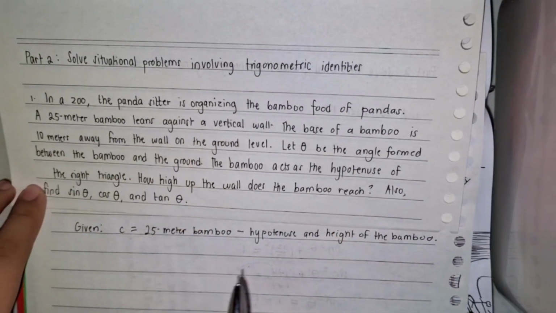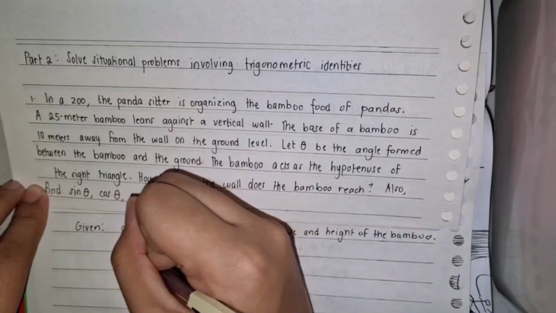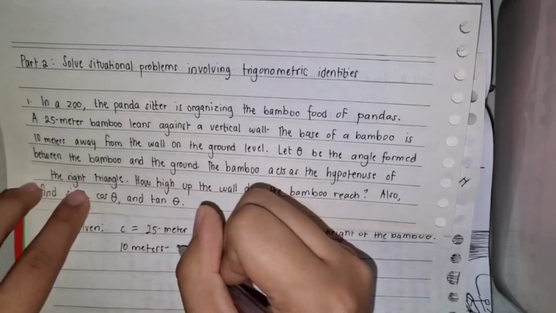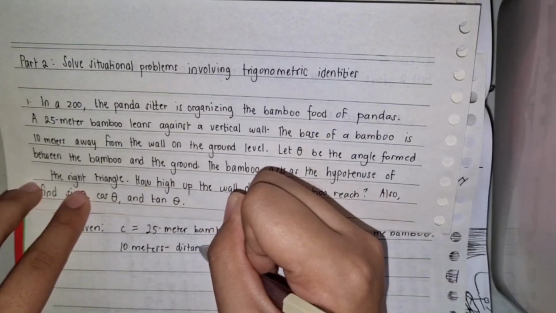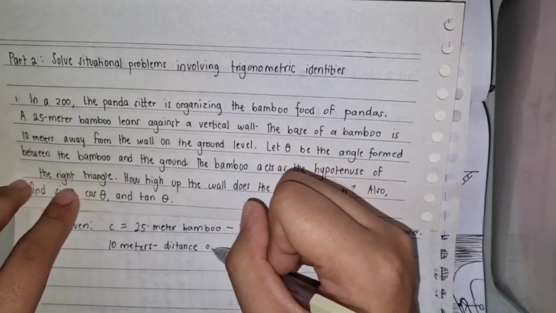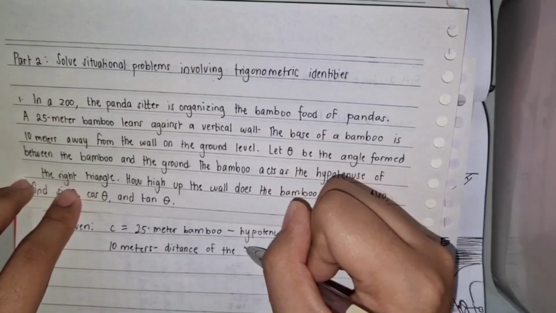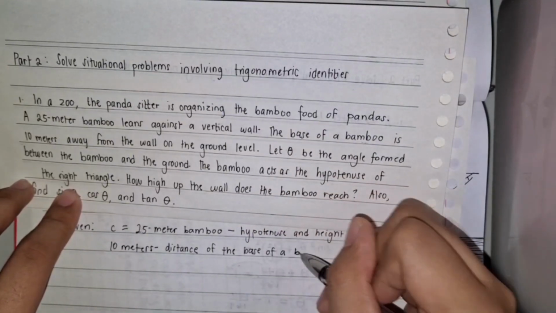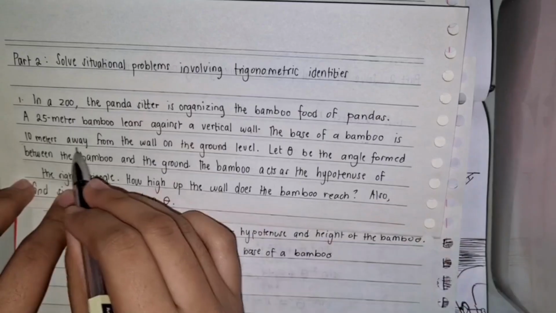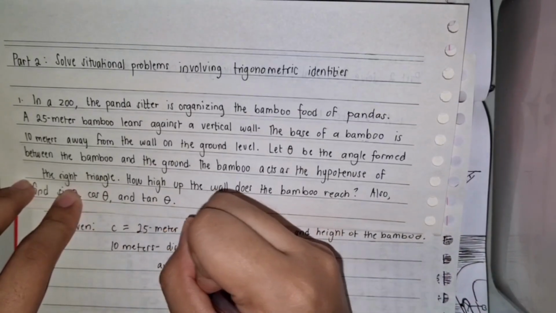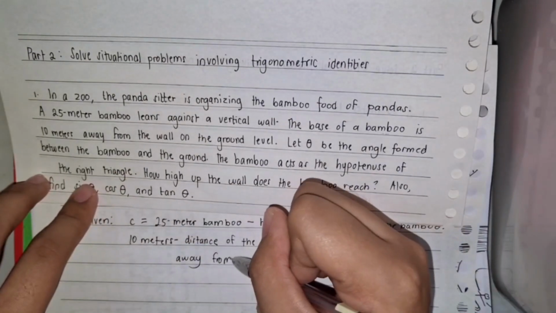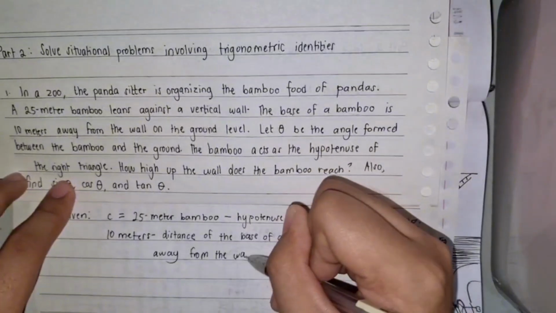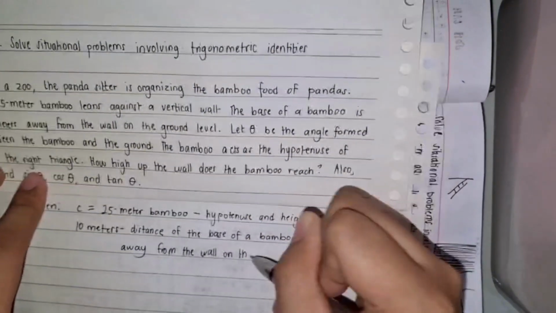For the next given, we have 10 meters, or the distance of the base of a bamboo away from the wall on the ground level.